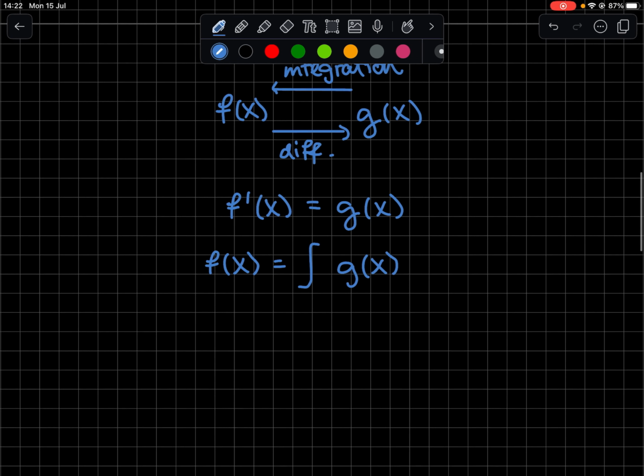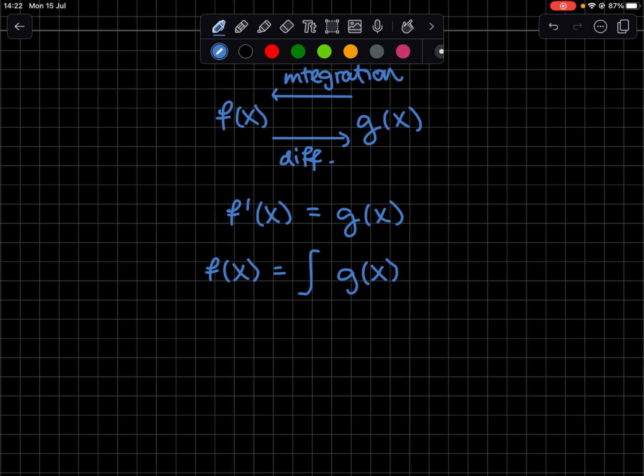So it's the reverse process, and we always have to add a dx. And the function of this dx here is to tell us that we're integrating with respect to x.